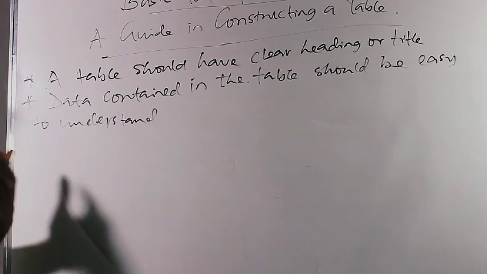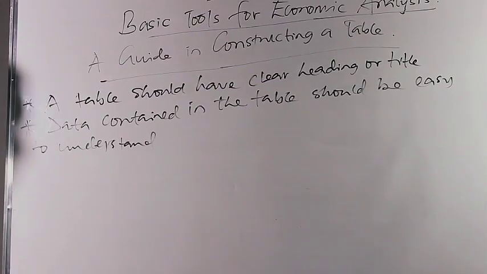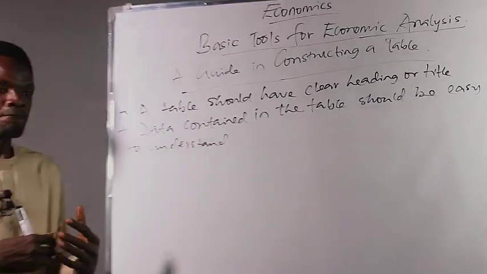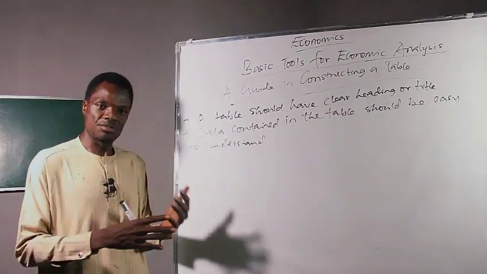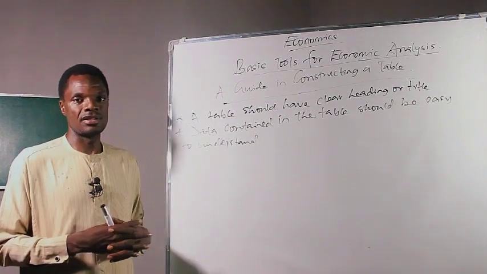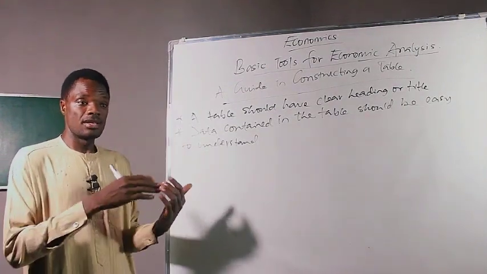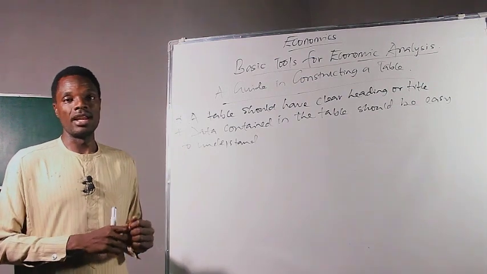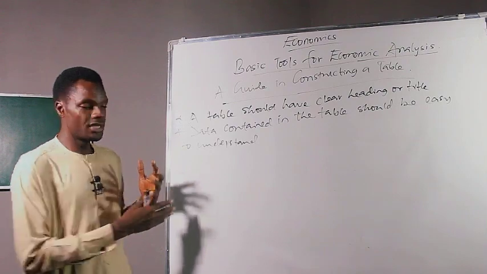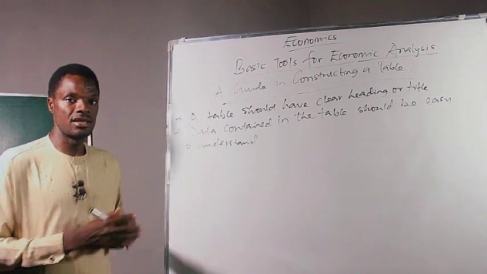So anybody that is viewing it or reading it will find it easy to understand. A table shouldn't contain symbols or signs that will be difficult to interpret. Or even if there is a symbol, then it's supposed to have a key or a legend that will explain this symbol so that anybody that is reading about the data will find it easy to understand.